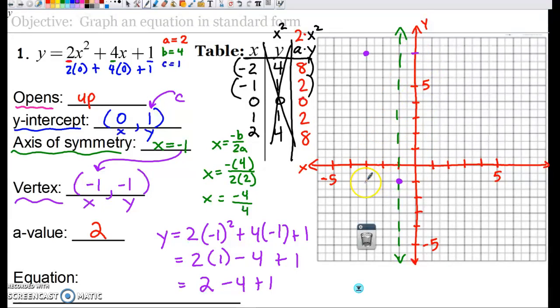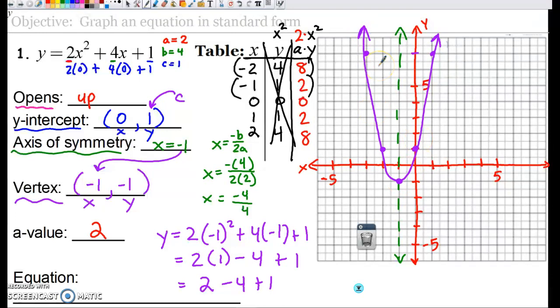I went 2 from the vertex on the left, 8 up. Okay, now I'm going to go negative 1, 2 up, right here. 0, 0 stays on the vertex. 1 over, 2 up. Oh, I made a mistake there, let me fix that. 2 over, 8 up, like this. Connect the dots, and you'll have your parabola.